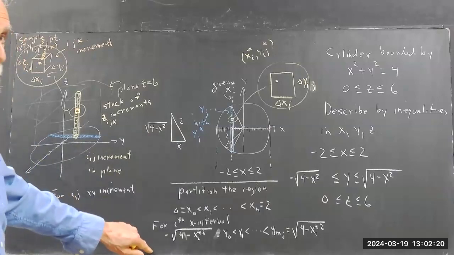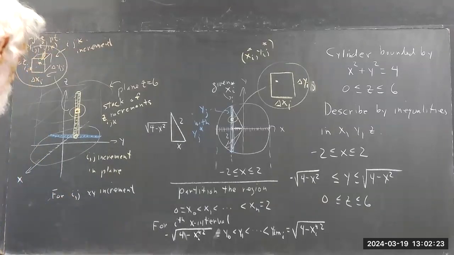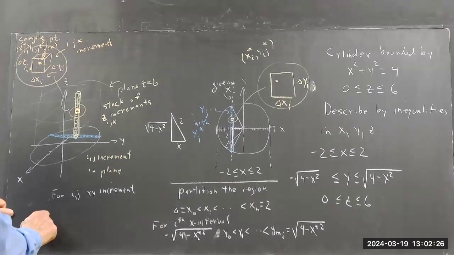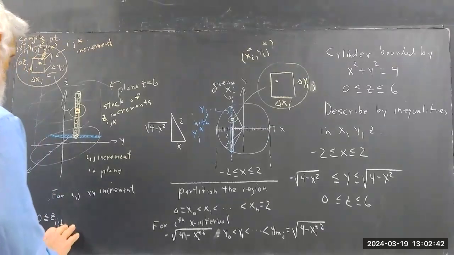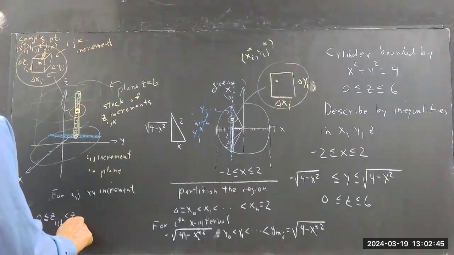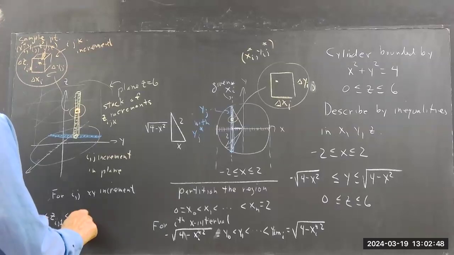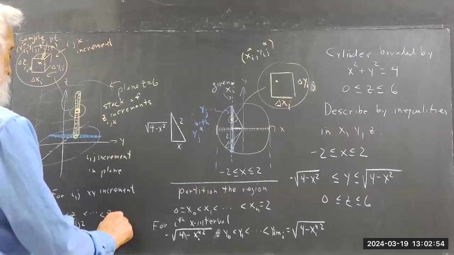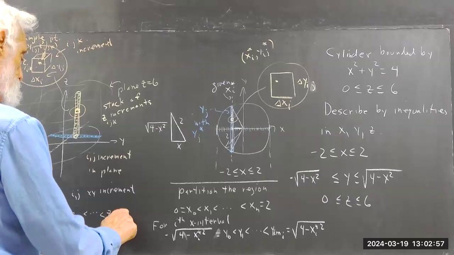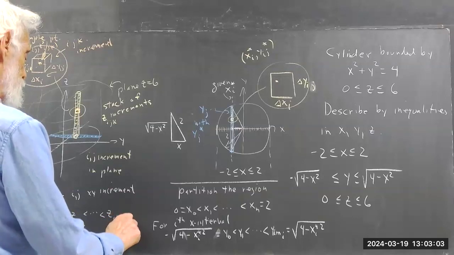For a given ij, xy increment, we have zero less than or equal to z sub ij1, less than z sub ij2, and so forth, all the way up to z sub ij k sub ij.